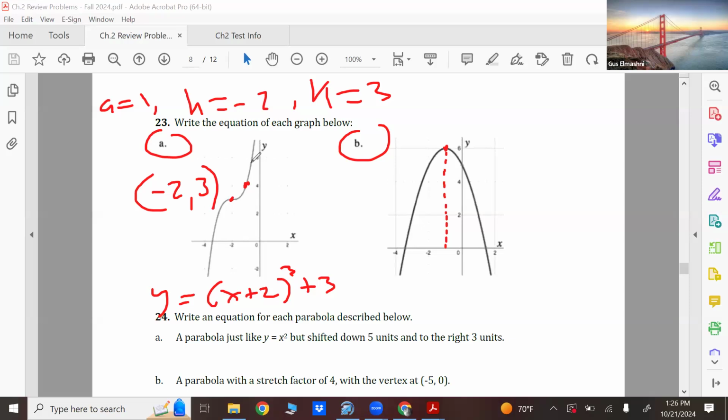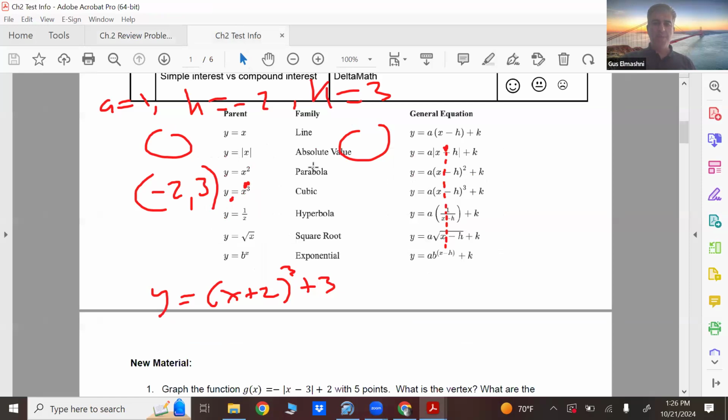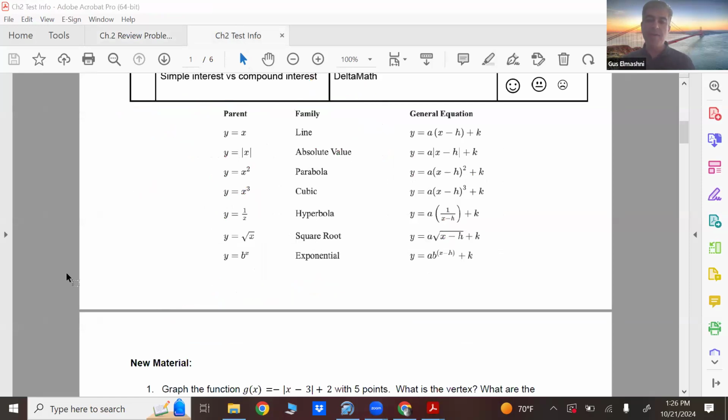The 6 I'm talking about is on this page here. Absolute value, parabola, cubic, hyperbola, square root, or exponential. Actually, I'm not even doing hyperbola. So graph right.